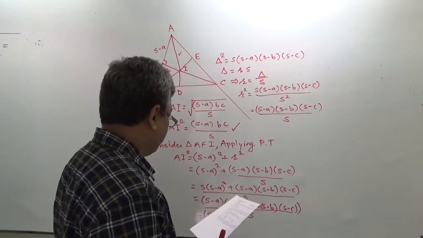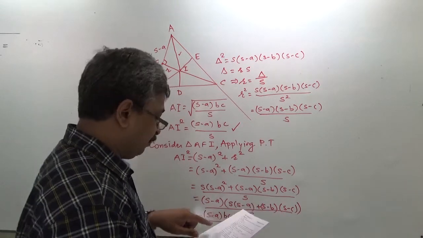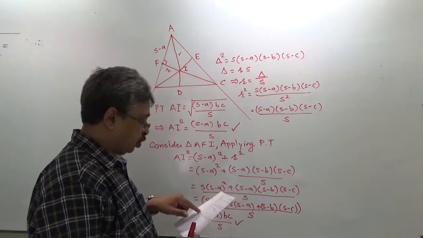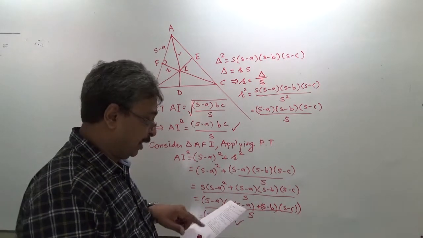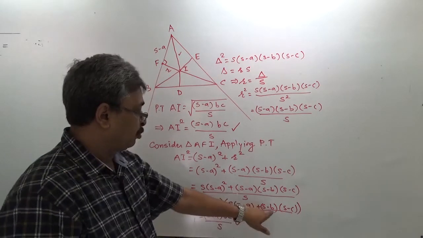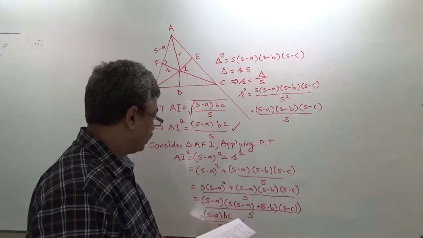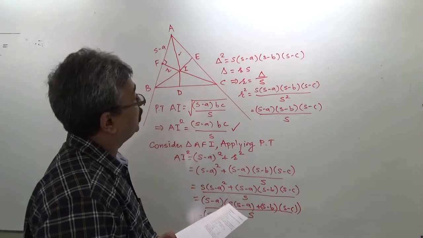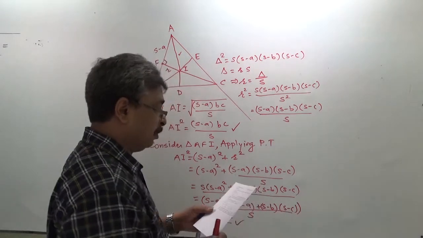In the first problem we proved ac, but there s into (s minus b) was together, and (s minus c) and (s minus a) were getting multiplied, hence ac was the product. Here (s minus b) and (s minus c) are getting multiplied. So by symmetry we will get bc here, and we will end up proving this result. So this is result number 2 in problem number 4 of lecture 7.